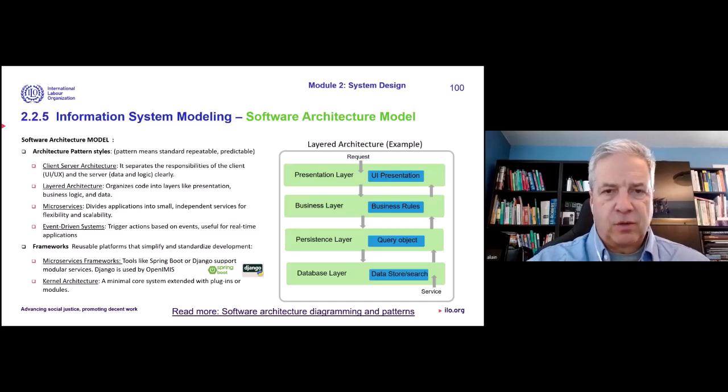When you're doing a system at the software part, you still have other layers, and for each layer they have a specific way to illustrate them. So in the diagram here, you have the presentation layer, business layer, persistent layer, database layer. Talking quickly about that: the presentation layer is the user interface.